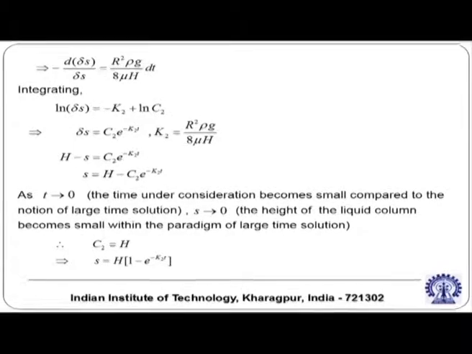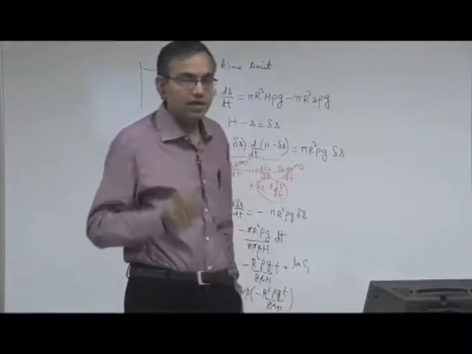So, with that you get S is equal to H into 1 minus e to the power minus k2 into t, where k2 is rho g r square by 8 mu h. So, you can see that it is an exponential variation with respect to time towards the end of the capillary rise.